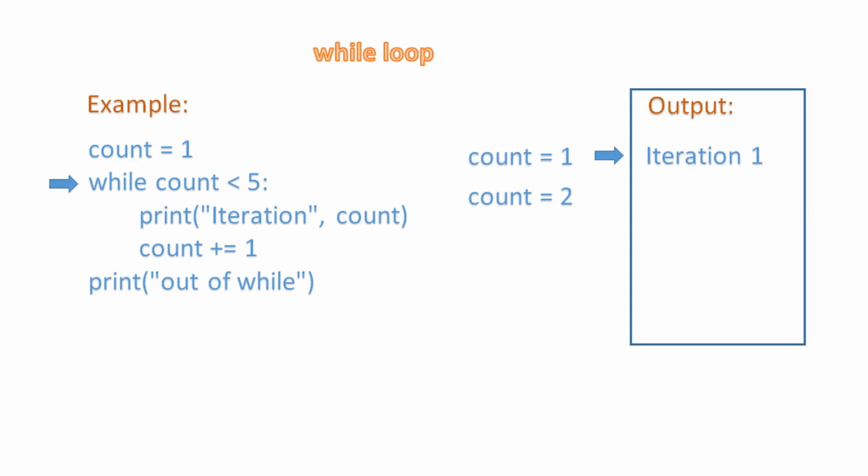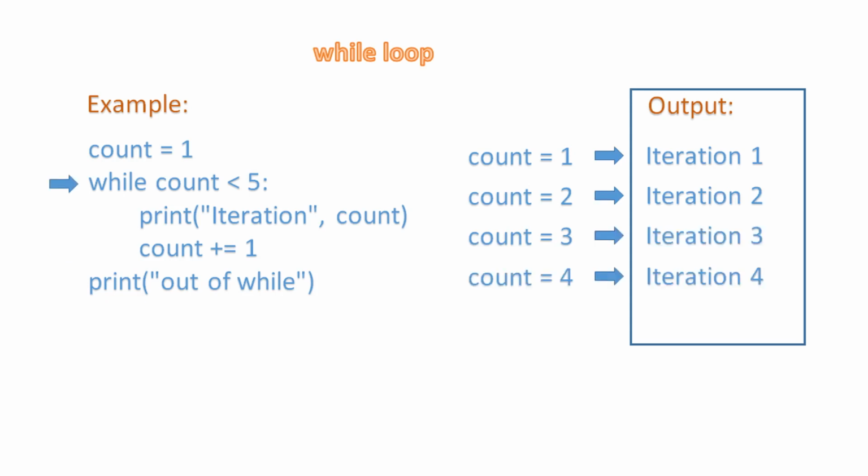And again it loops back to while condition. Count is still less than 5. So it prints iteration 2. Again count is incremented by 1 and it continues the loop till count is equal to 4. When count value is 5, the condition becomes false, so it exits the loop and prints out of while.